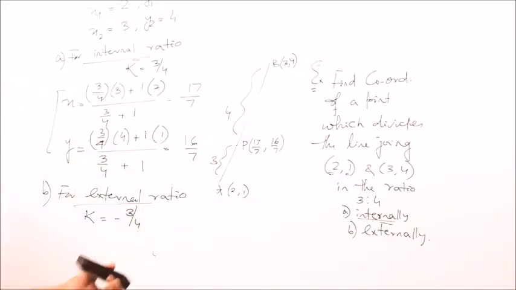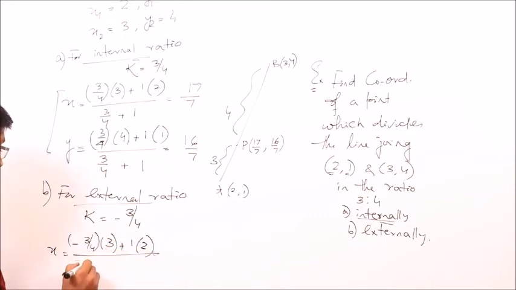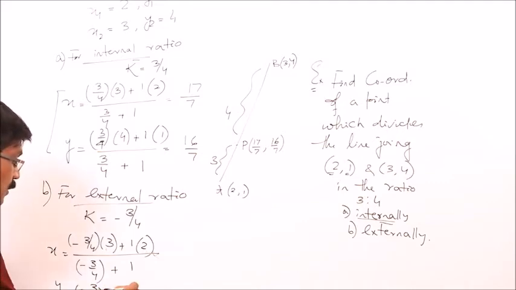And for external ratio k is negative, so you have x is equal to minus 3/4 into 4 into 3 plus 1 into 2 divided by minus 3/4 plus 1, and y is equal to minus 3/4 into 4 plus 1 into 1 divided by minus 3/4 plus 1.